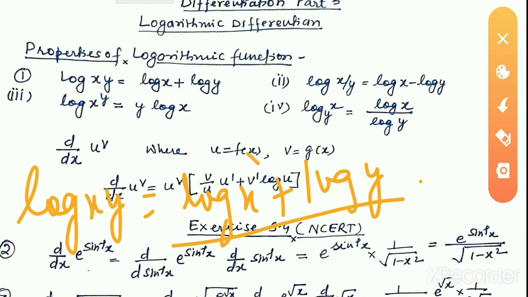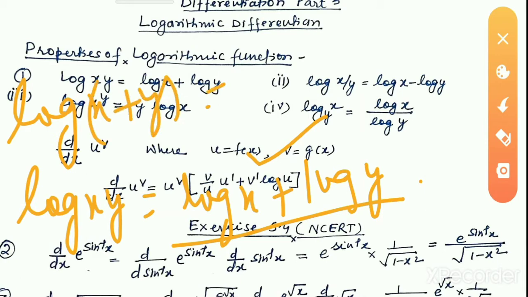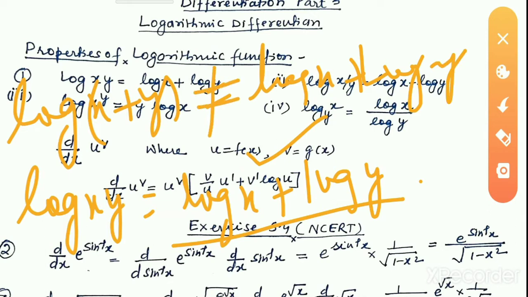Then we can write it as log x plus log y. So don't be confused: log of x plus y is not equal to log x plus log y. Actually there is no such formula, so this is not possible.